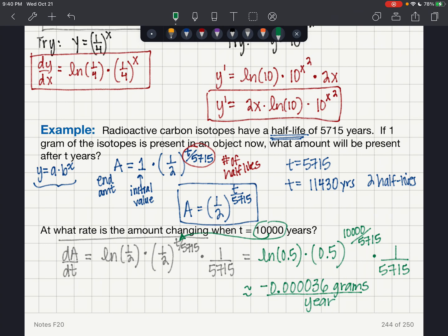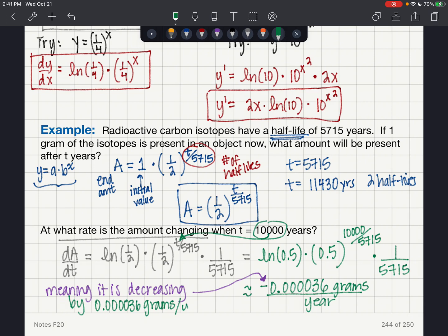Now, what does the negative mean? This negative means that the amount is changing by decreasing. So it is decreasing, and it's decreasing by 0.00036 grams per year.